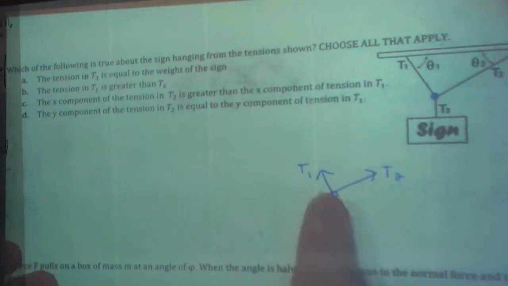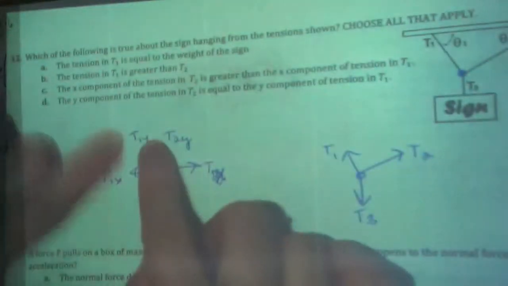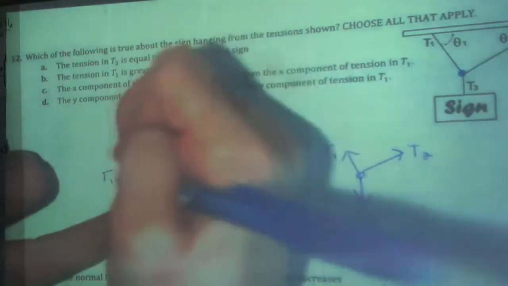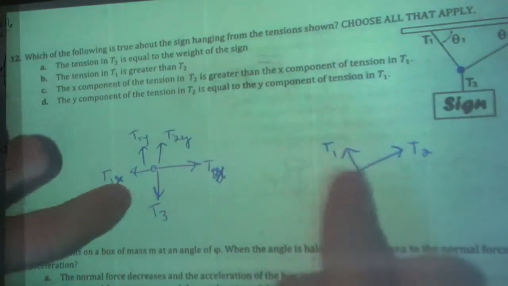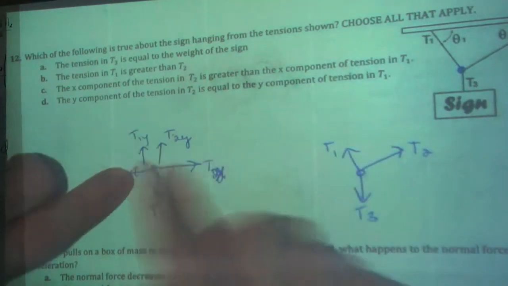Now I'm going to break these down because these two are at angles, so I'll call them T1y and T1x, T2x and T2y, and then T3. These are not to scale, I just drew them slightly exaggerated, breaking these two into their x and y parts.